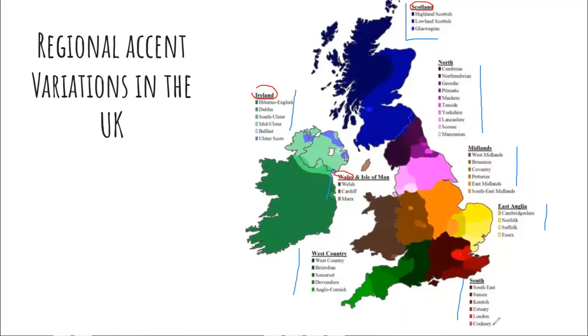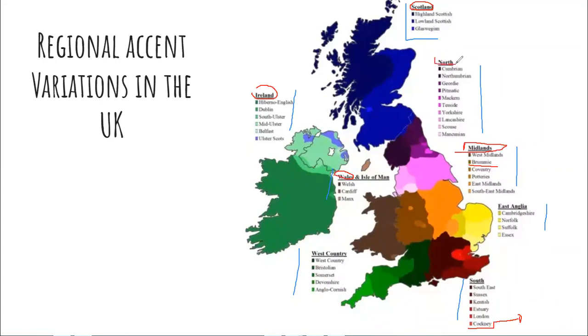In the south of England, we're going to have a look at the Cockney accent, which I think you can find in Peaky Blinders. In the area of the Midlands, from another big city, we have the Brummie accent, which is the one from Birmingham, the second largest city in England.